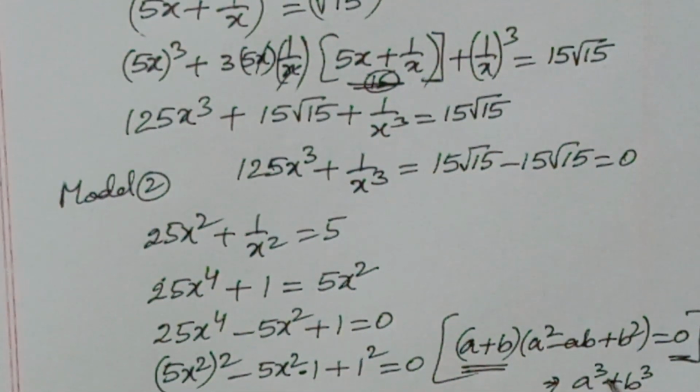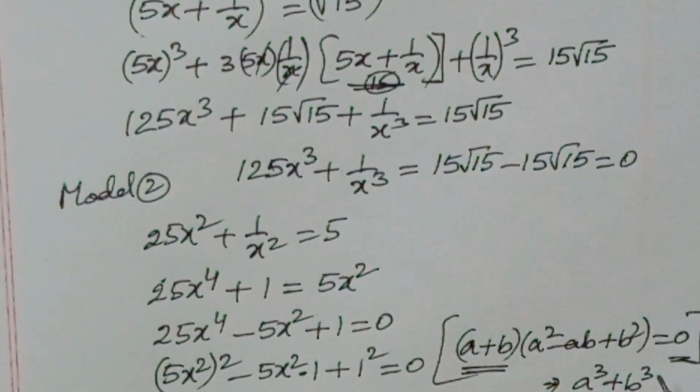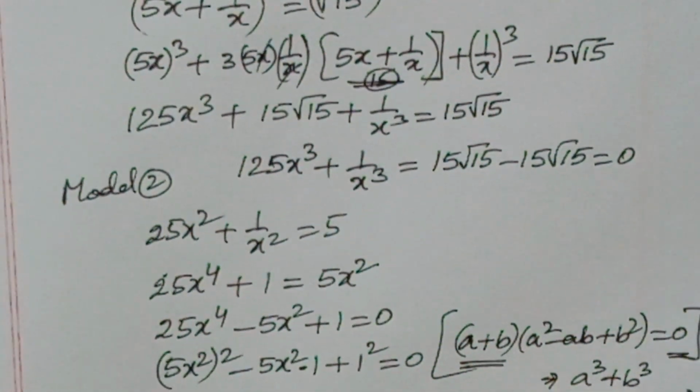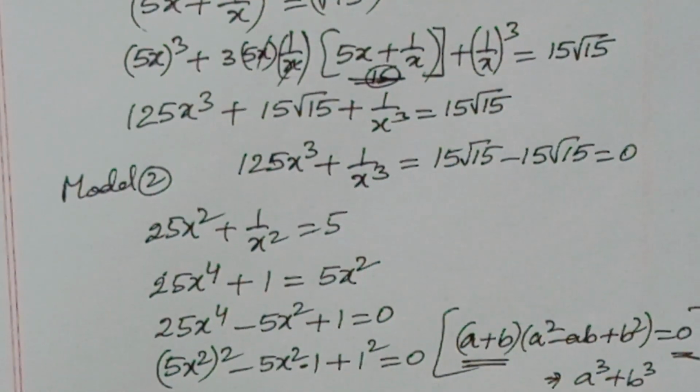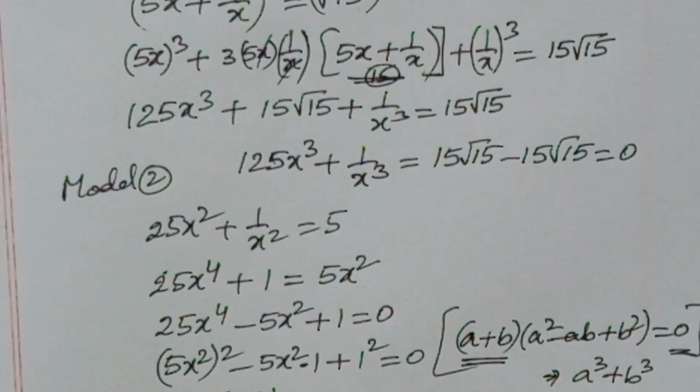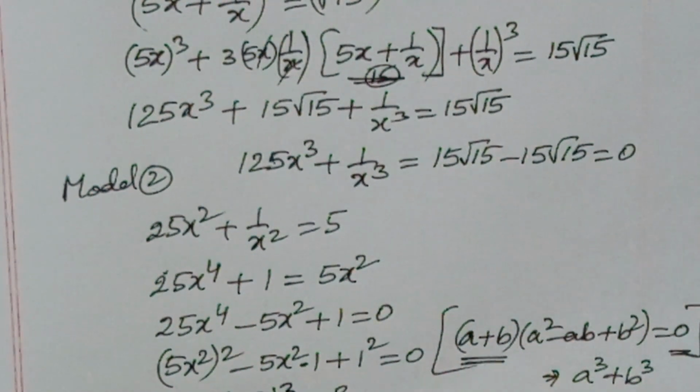With a as 5x square and b as 1, we get 5x square whole cube plus 1 cube is equal to 0.